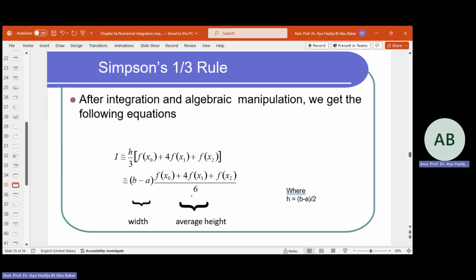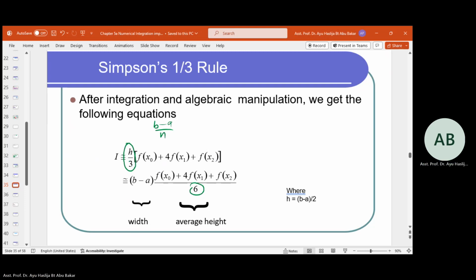Okay, this is the equation for Simpson's 1/3 rule. H is b minus a over n.